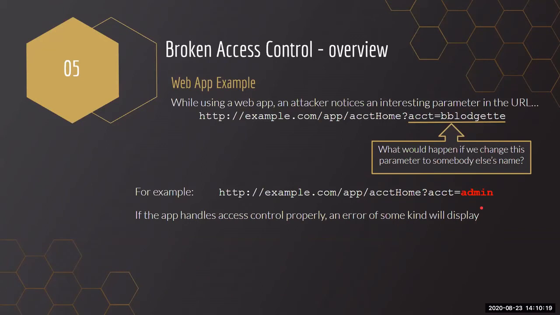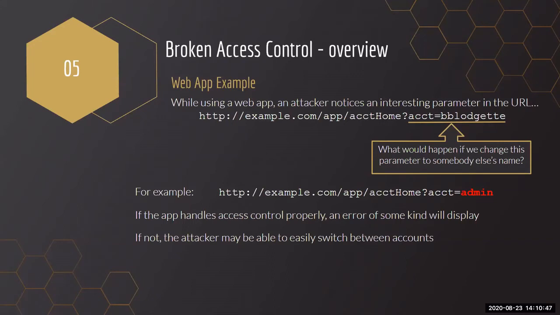If the app actually handles access control properly, an error of some kind should display, or maybe better yet, nothing at all should display and nothing should happen, because that's something malicious. You might not want to tell the malicious attacker any more information at all. So if your app doesn't handle it correctly, the attacker might be able to easily switch between user accounts.